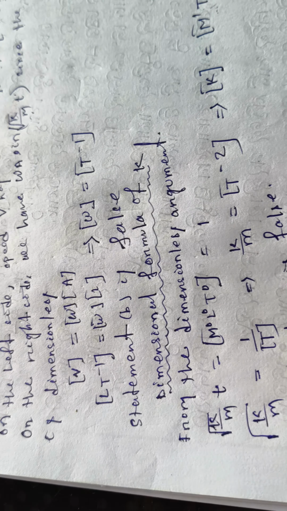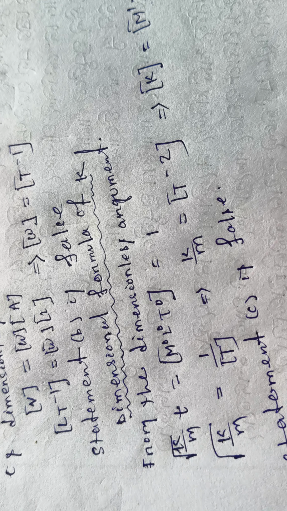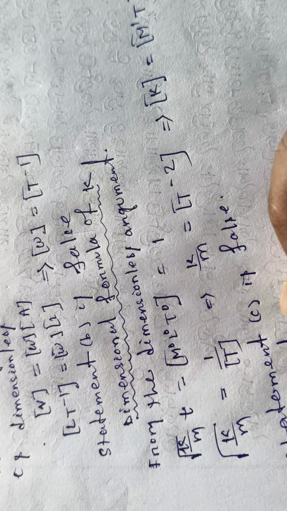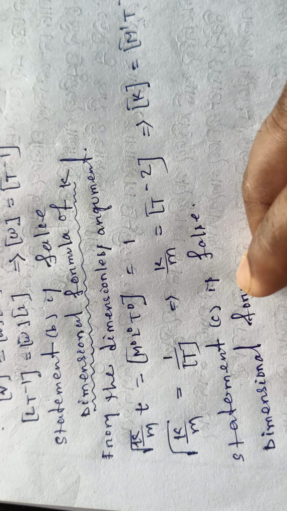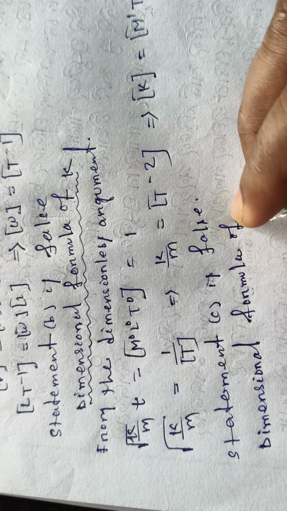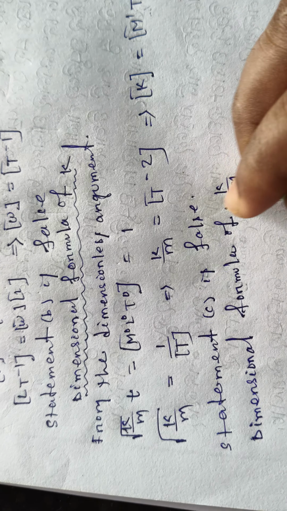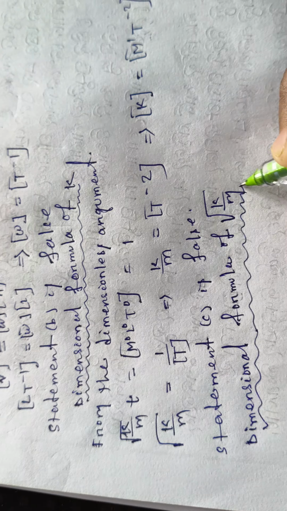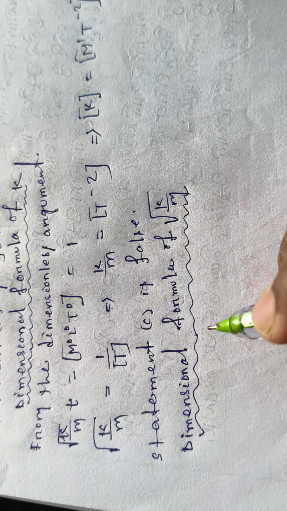Okay, next and last one is the dimensional formula of K by M root over.